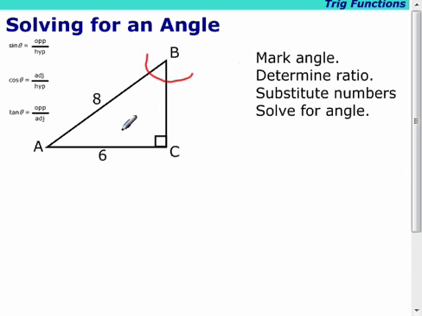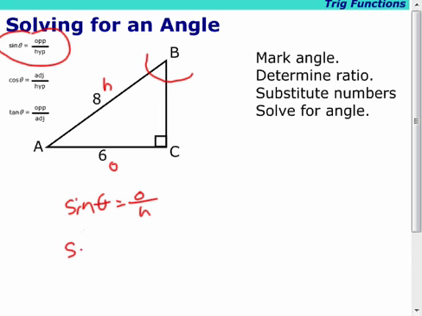So if angle B is given, then this side over here would be my opposite side, and this side, of course, would be my hypotenuse. So I look for a ratio that relates the opposite side and the hypotenuse. Right up there, sine. Let's write that down. Sine theta is equal to the opposite side over the hypotenuse.